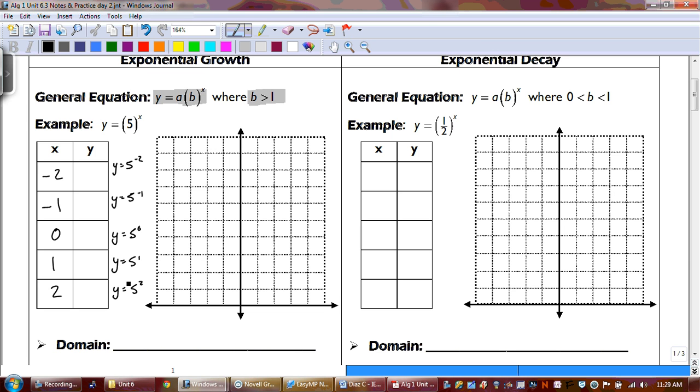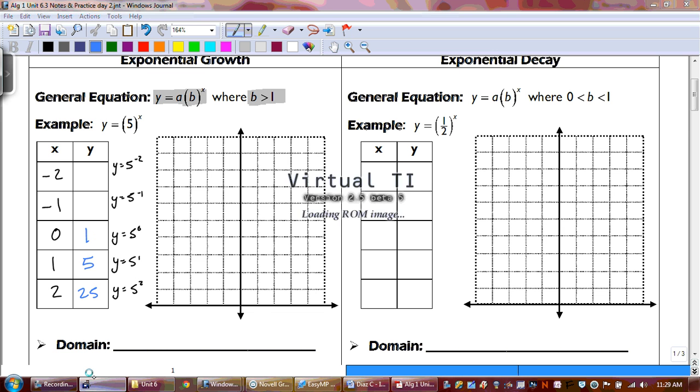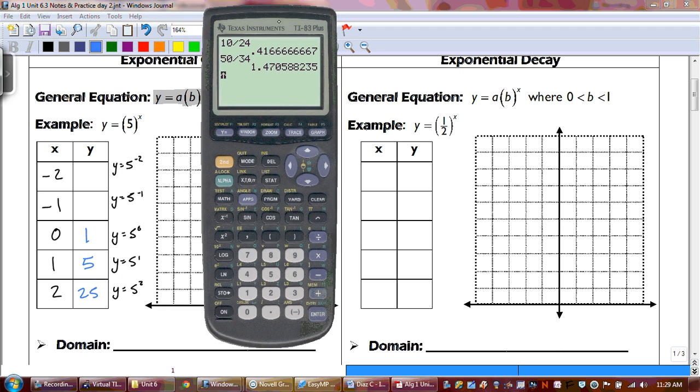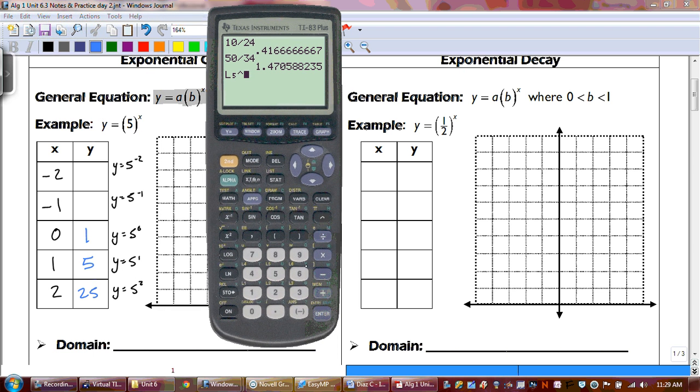5 squared, we're going backwards, is 25. 5 to the first is 5. 5 to the 0, if your exponent is 0, your base turns into 1. But now the other ones, you might need a little bit of help. Since I don't have a lot of room, I'm just going to type them all into my calculator. 5 raised to the -1 is 0.2.